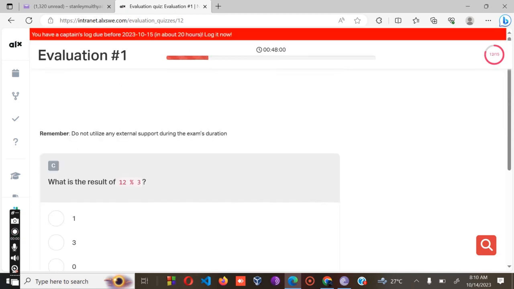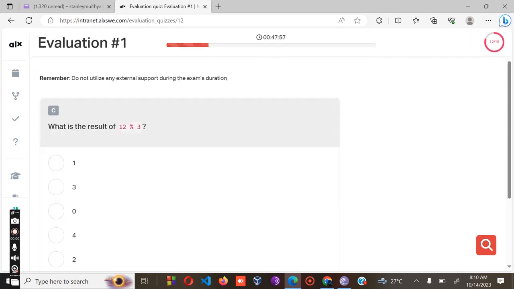The next part. What is the result of this? Okay, I'm trying to do the calculation.